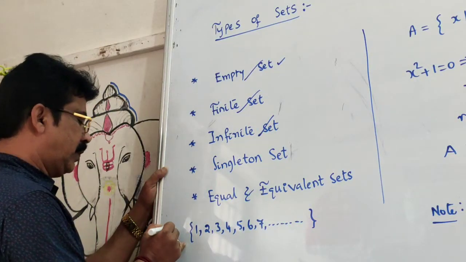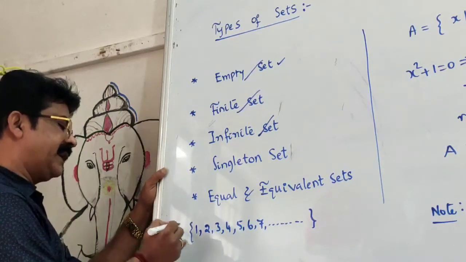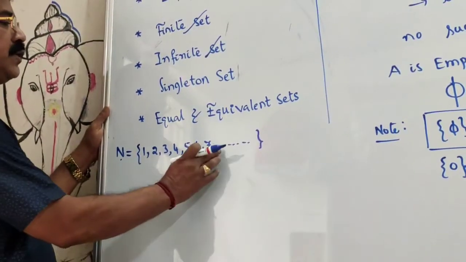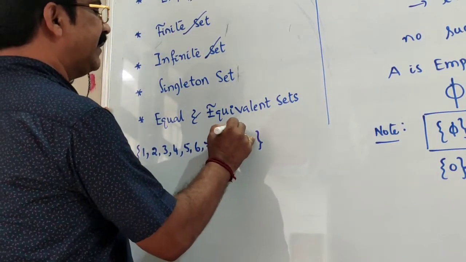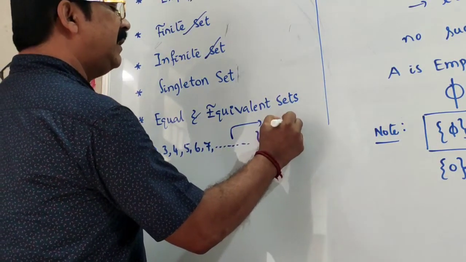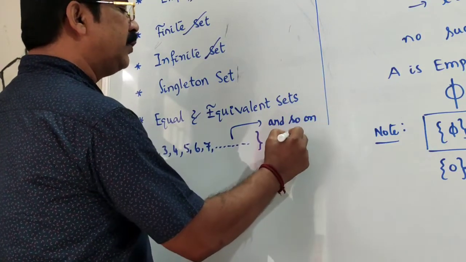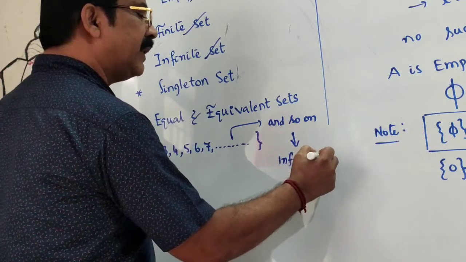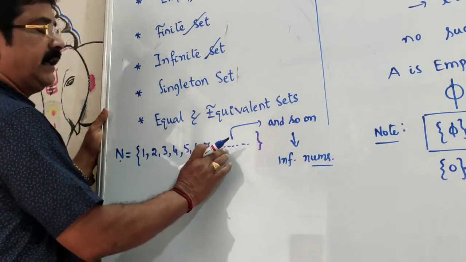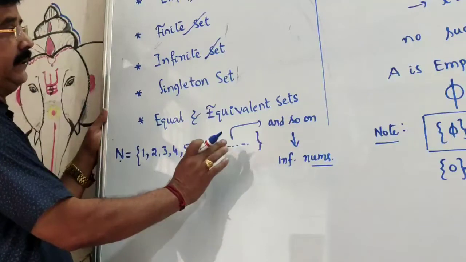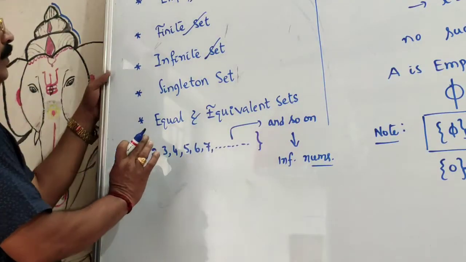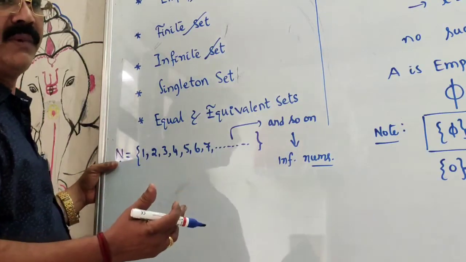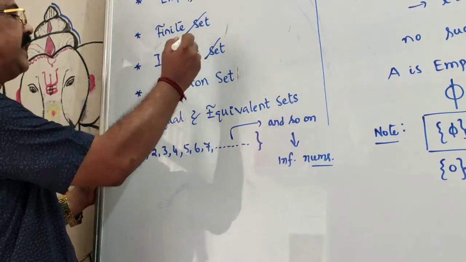It is represented by capital N. Capital N stands for the natural number set, and "and so on" means infinite numbers are there. It is the concept of infinite. Therefore, if the given set contains an infinite number of elements, then it is said to be an infinite set.